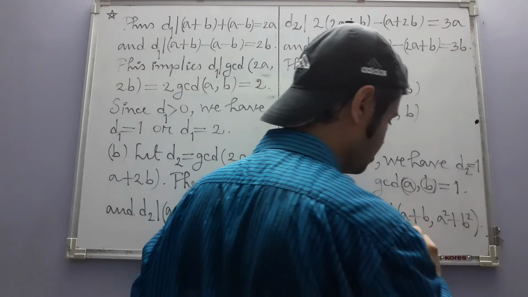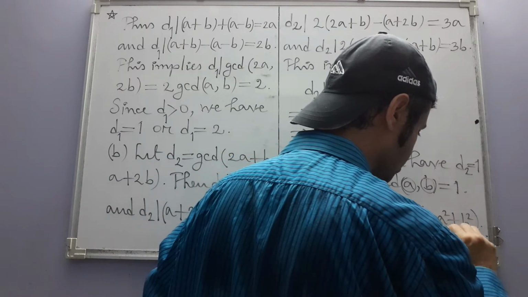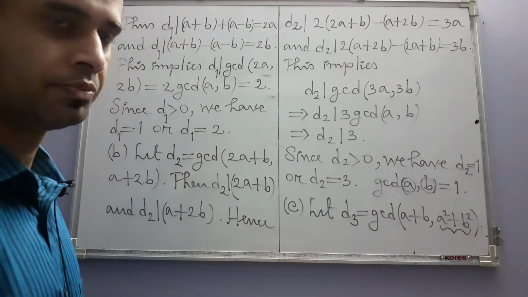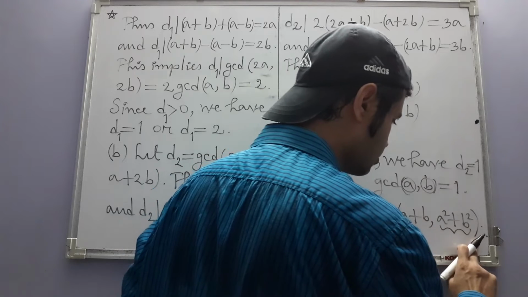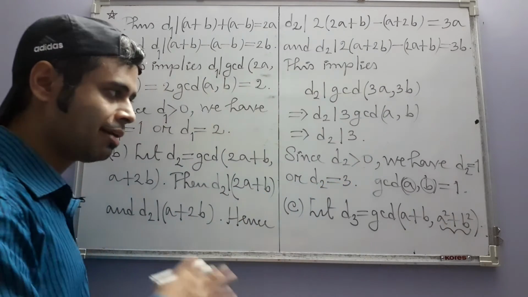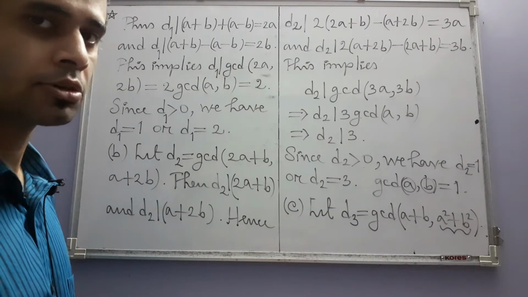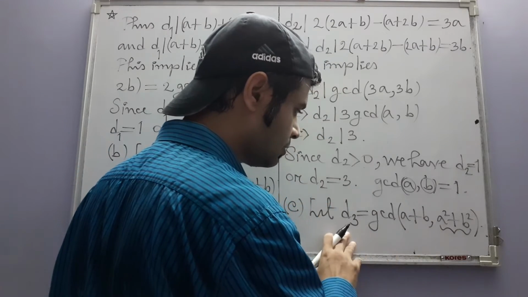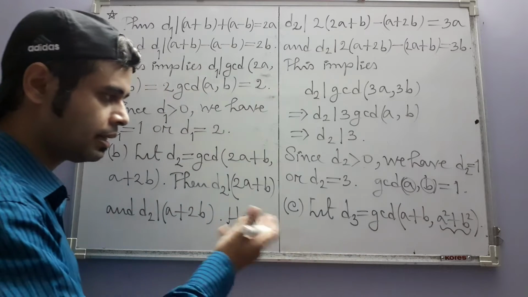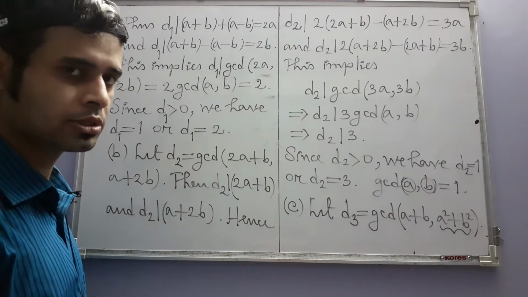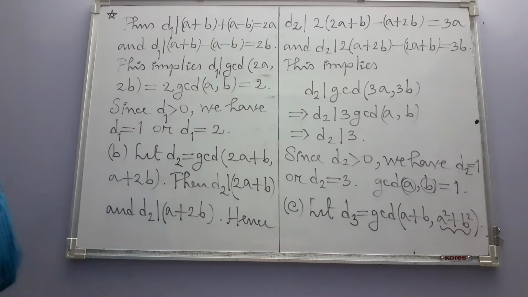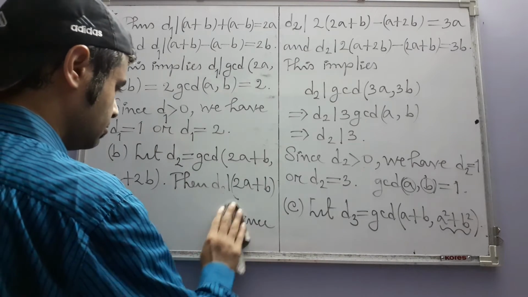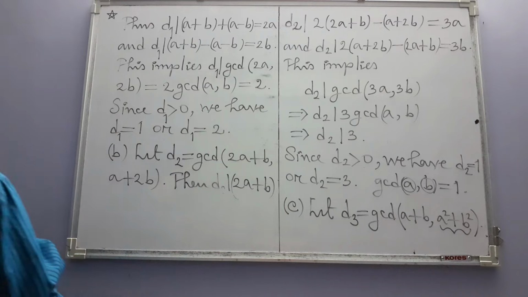So forget about a plus b, concentrate on a square plus b square. That cannot be 0, because for this to be 0, both a and b have to be equal to 0, which is not the case. So this will be non-zero. So in this case, D3 exists, and we can see that almost immediately. Yeah, I think now I need a little ink.